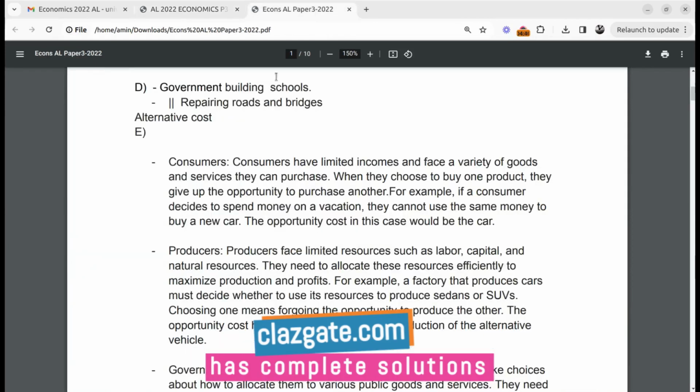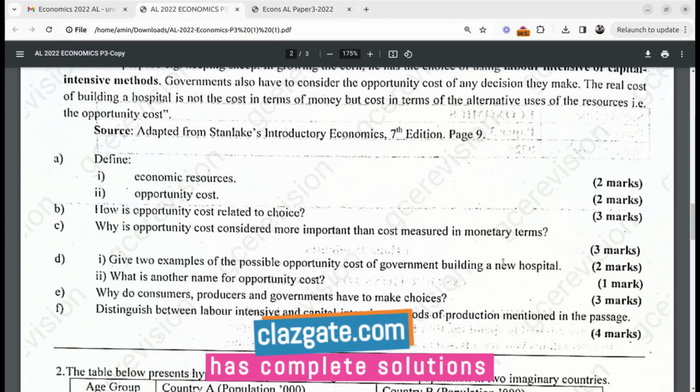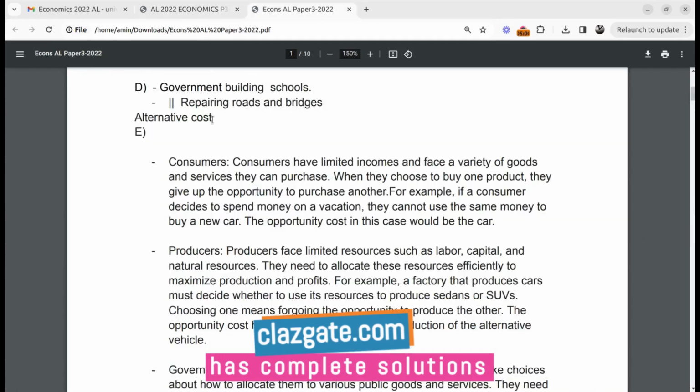Well, our examples are government building schools and the government repairing roads and bridges. These two are the foregone alternatives when a government decides to build a hospital. You get? I repeat, the two examples are government building schools and the government repairing roads and bridges.